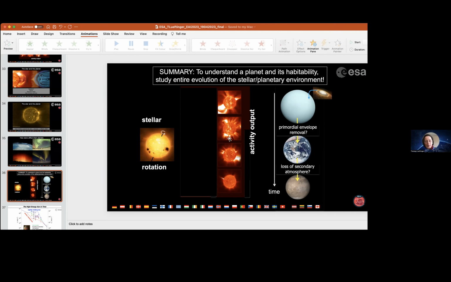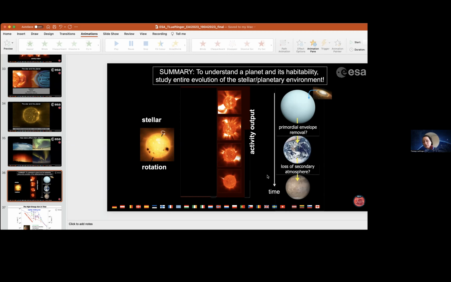It could be the case that a star needs to be very active to be able to blow the very first atmosphere away, the hydrogen-helium envelope that many planets very likely have in the beginning, because only when this primordial envelope is blown away can a secondary atmosphere evolve that can be enriched with oxygen and other elements that are important for life.